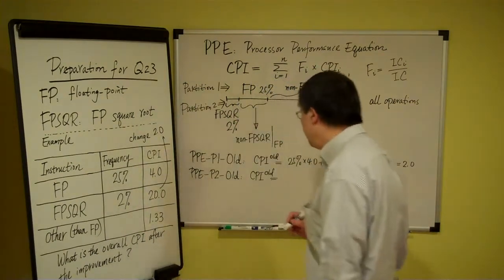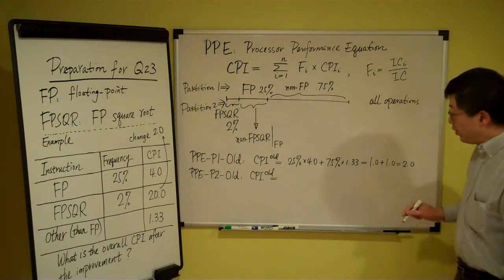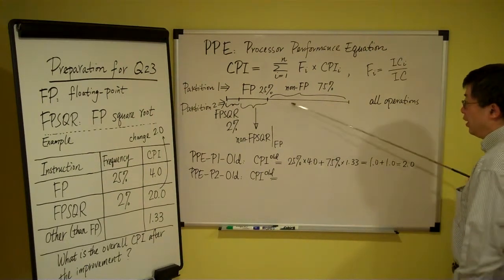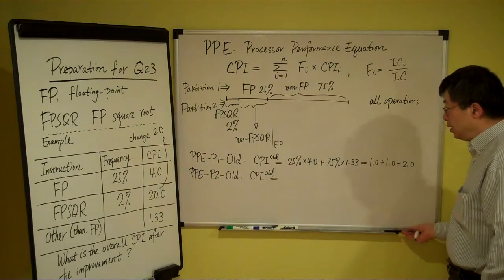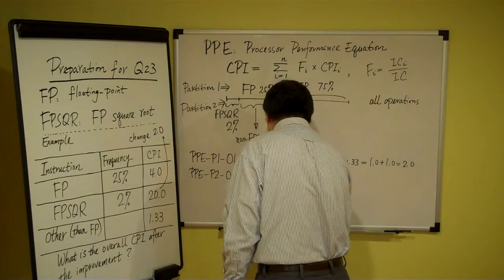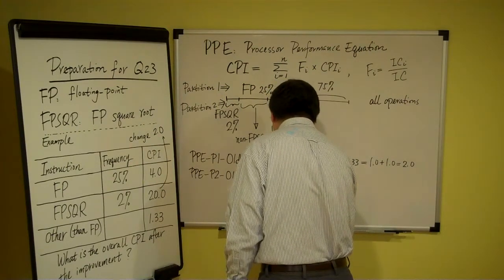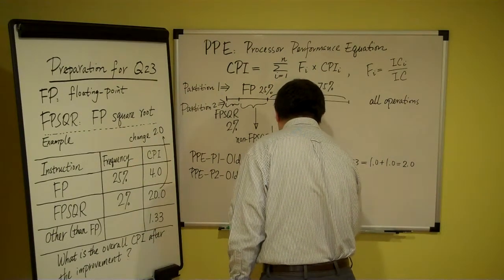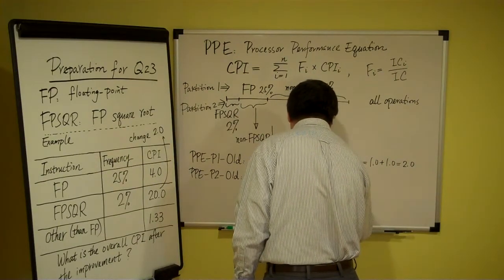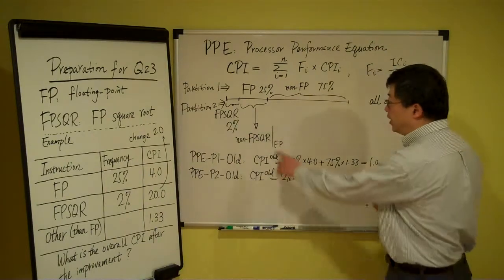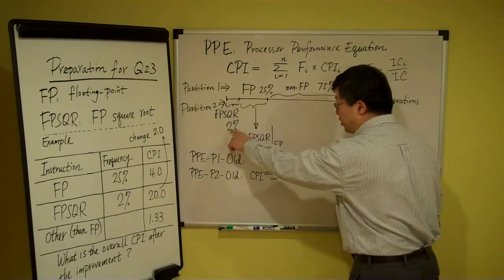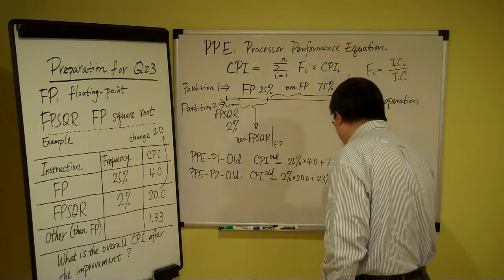Now partition 2 has 3 terms. 2% times 20.0 plus 23%. Because the remaining part inside FP is 25% minus 2%, 23%.